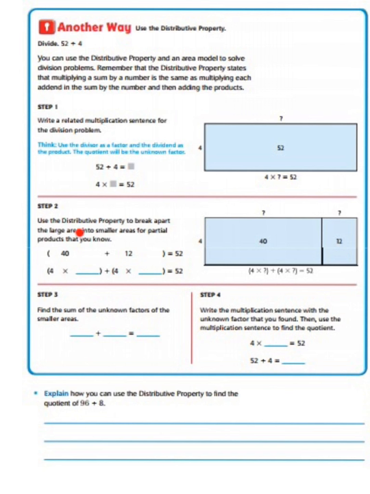It says to use the distributive property to break apart the large area into smaller areas for partial products that you know. So we know that we can divide 52 into 40 and 12, because if we take 40 and 12 and add them together, we will get 52.